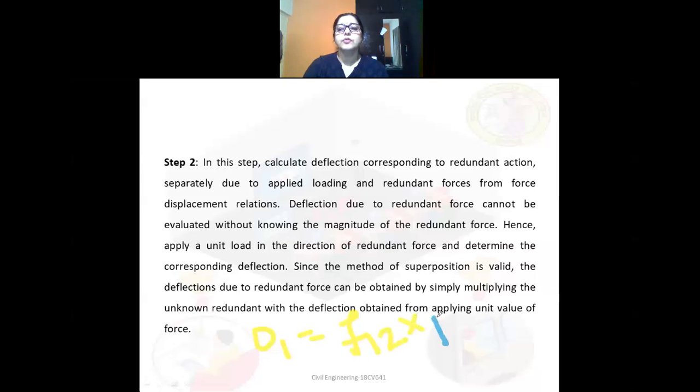Let me take that redundant force as P, a unit force of 1 kilonewton. So I can write it as F12 into P1. That is simply multiplying the unknown redundant force with the deflection obtained from applying a unit value, 1 kilonewton, with the flexibility influence coefficient to get the deflection due to this redundant force.